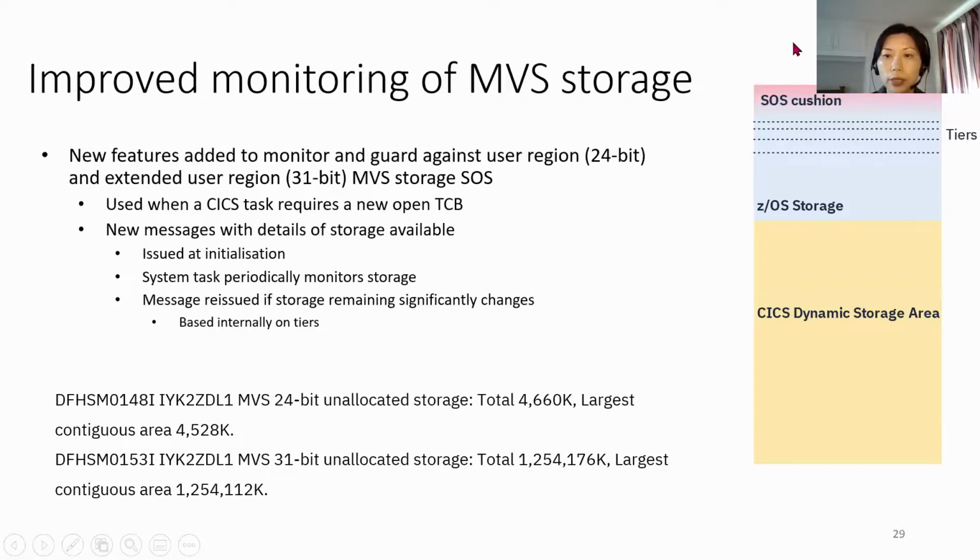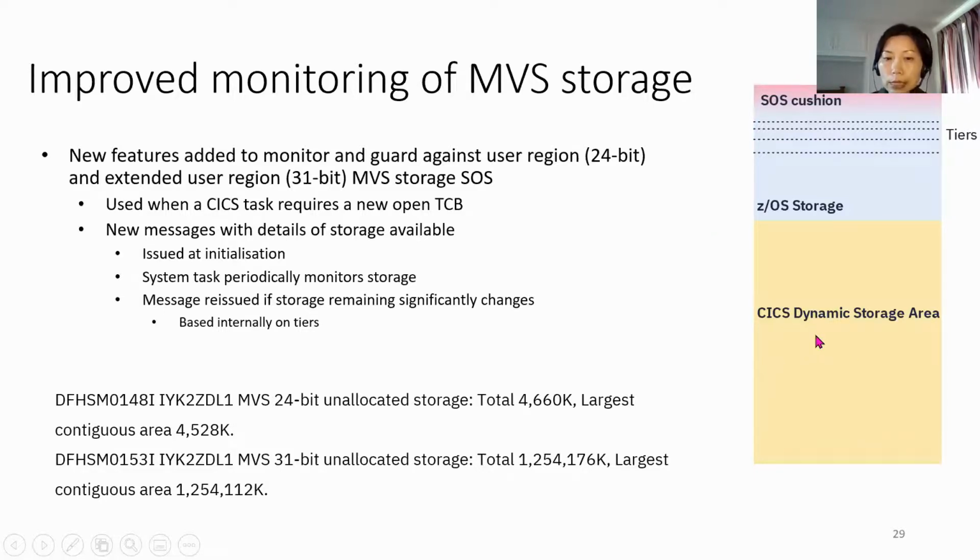You may be aware CICS is good at monitoring the dynamic storage area. When CICS starts up with a region limit size, it will grab a whole lot of storage.